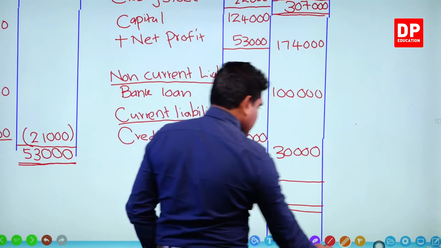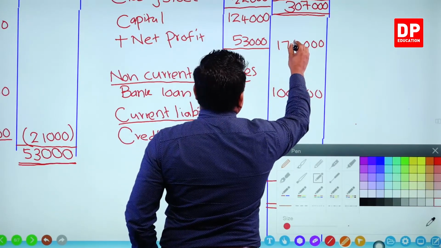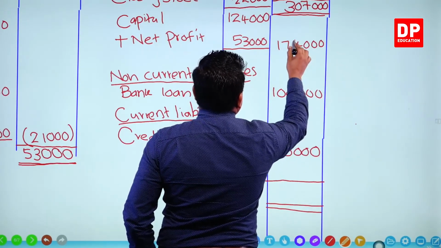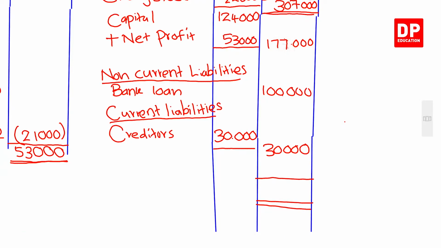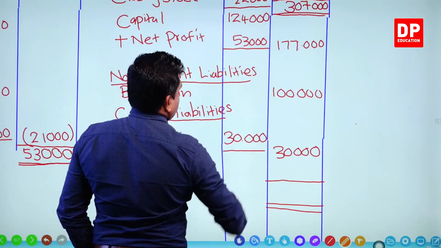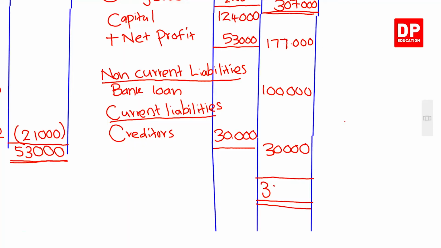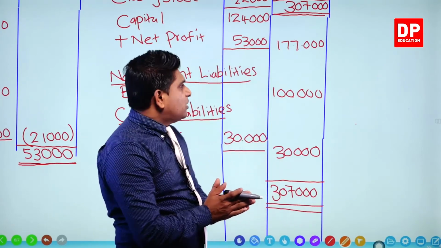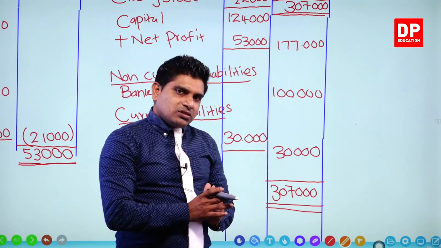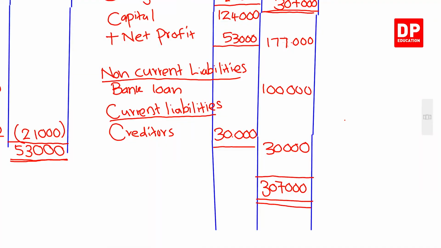It's a little mistake. So now I have to change it here. Not the 174,000. It should be 177,000. The total 177, then 277, then 307,000. Now you can see here total assets of the business equal 307,000, right? Total capital and liabilities equal 307,000.